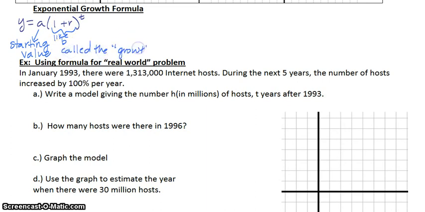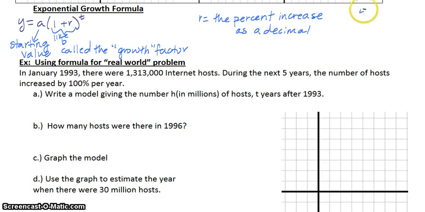R specifically is just the percent increase as a decimal. So let's write that down. R is actually the percent increase as a decimal. And just a quick reminder, if I had 45% as a decimal, remember, move the decimal point 2 places to the left.